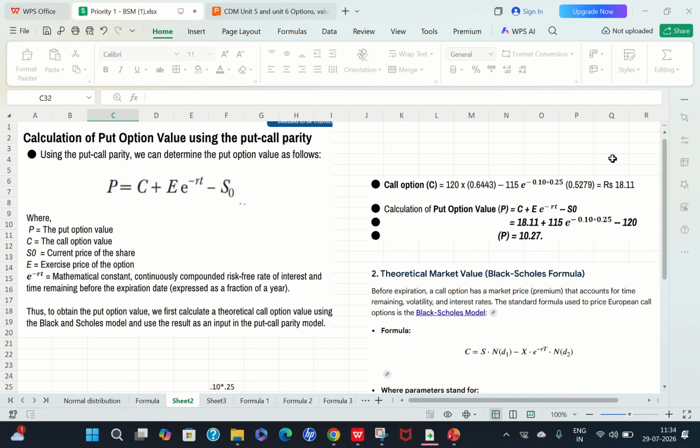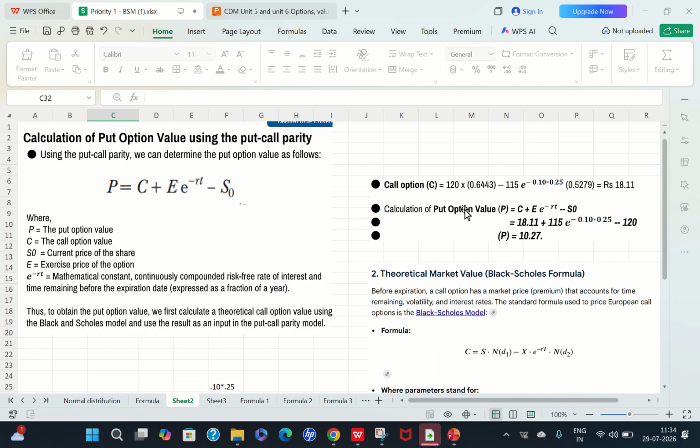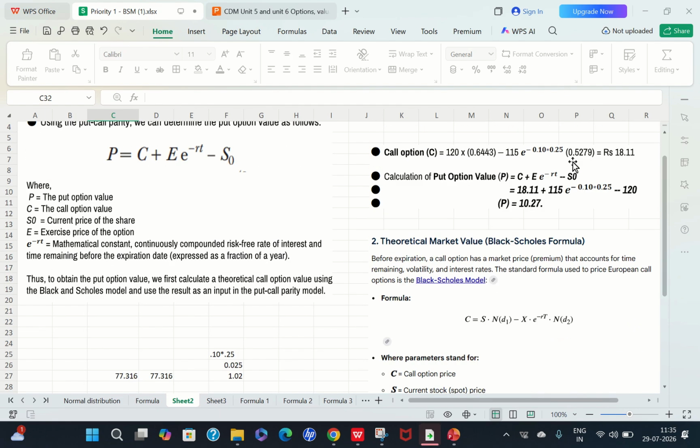So let me explain it again. 120 is your current stock price, and this is your N(d1) value, minus 115 is your exercise price, which is otherwise called the strike price, into e to the power of minus 0.10 into 0.25. The values for this will be given in the examination, into 0.5279.